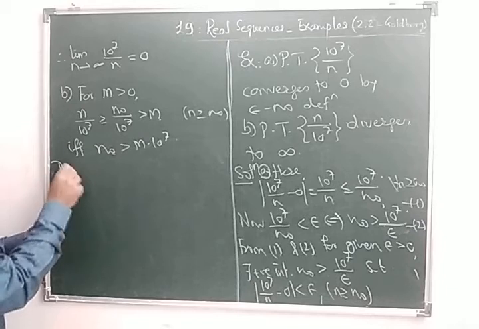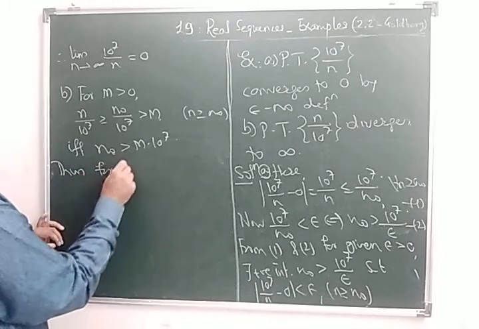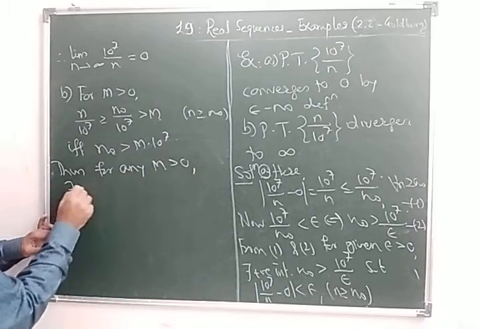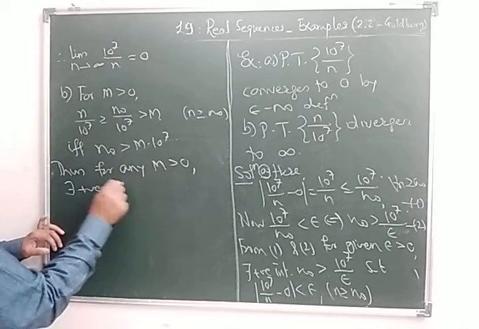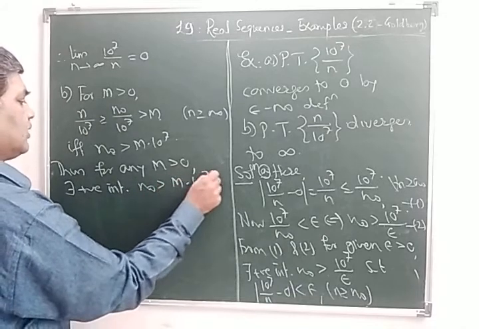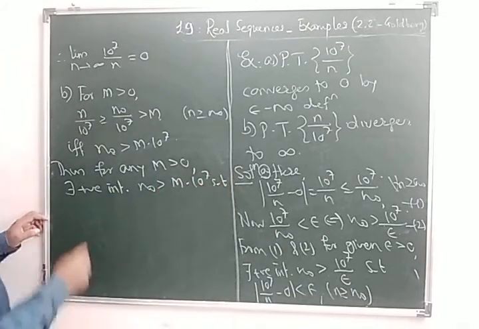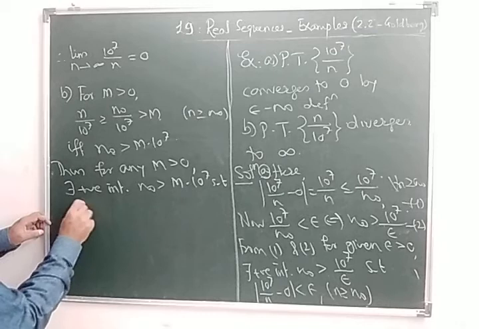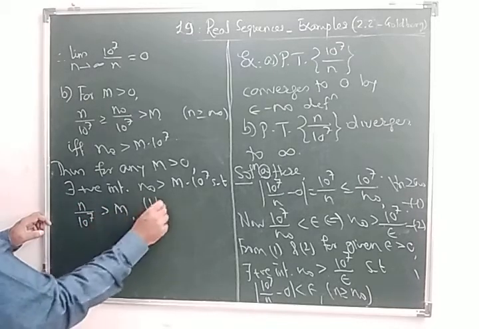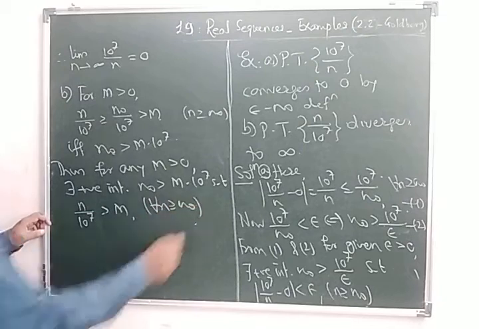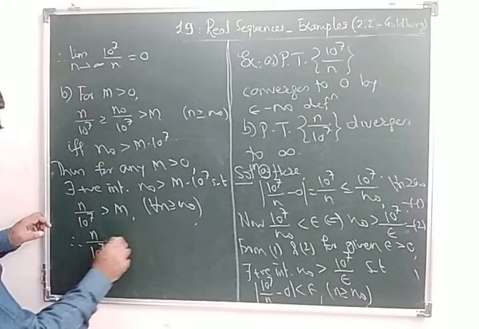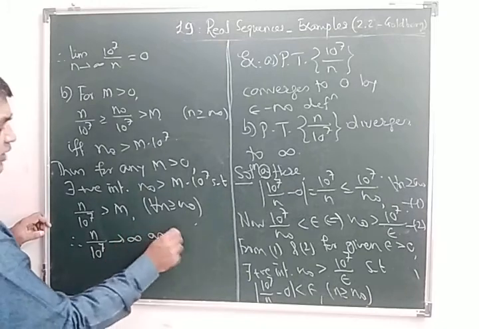Thus, for any m greater than 0, there exists a positive integer n naught greater than m into 10 raised to 7 such that n upon 10 raised to 7 is greater than m for every n greater equal n naught. And therefore n upon 10 raised to 7 tends to infinity as n tends to infinity.